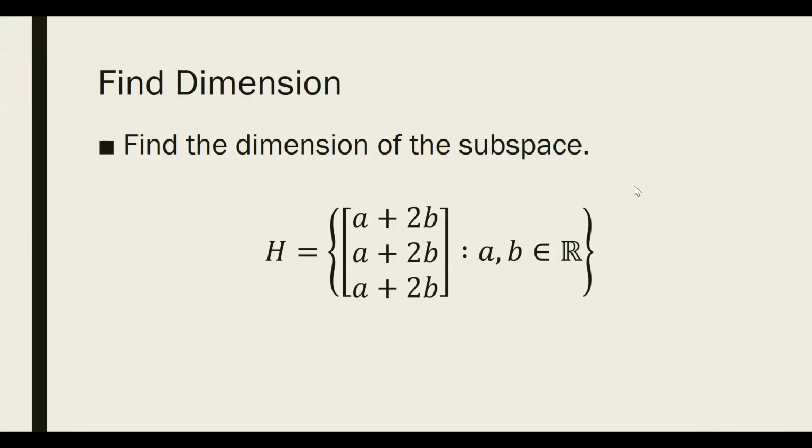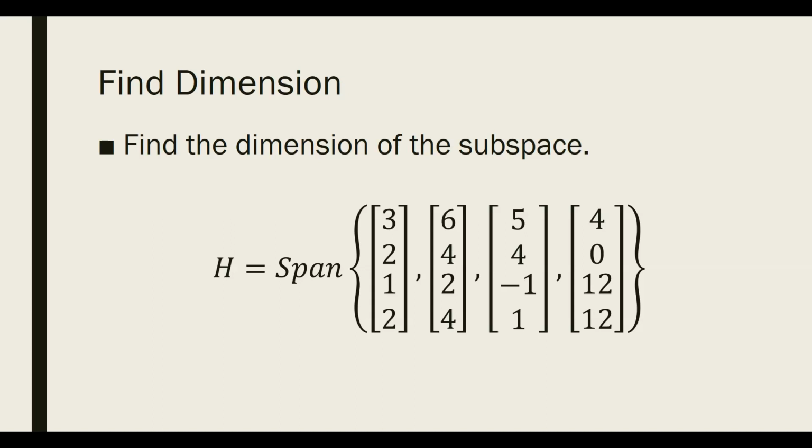So basically, now that we have a set of vectors that spans H, we need to figure out whether we can find the ones that are linearly independent. Now, what if we have something like this? H is the span of these 4 vectors. We want to find the dimension of the subspace.